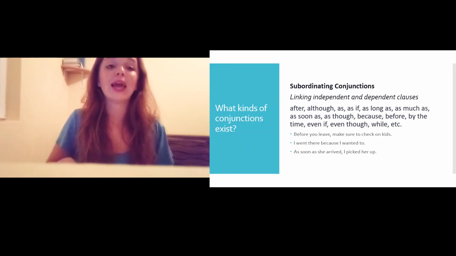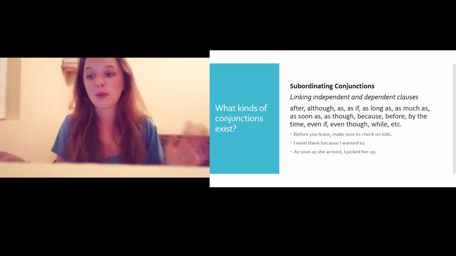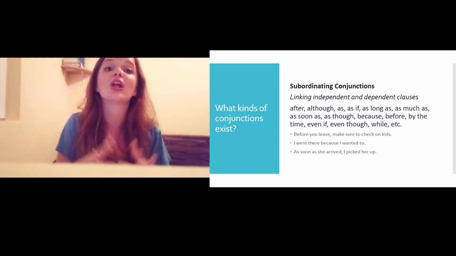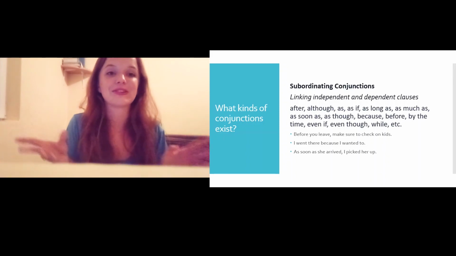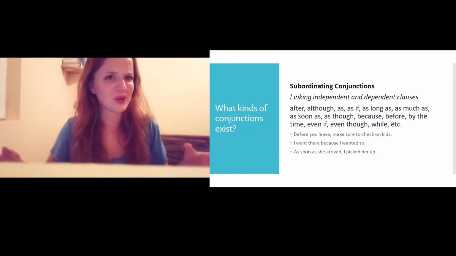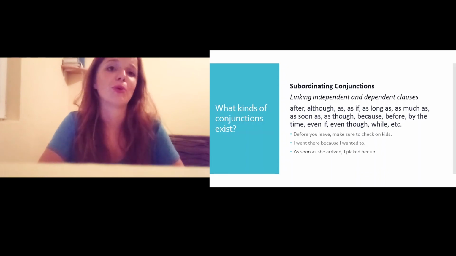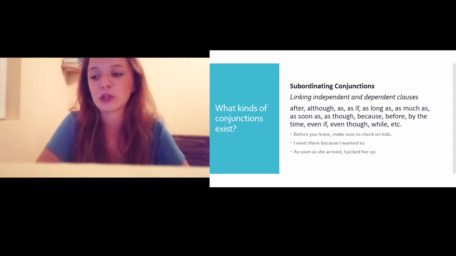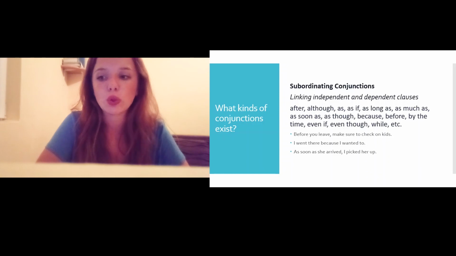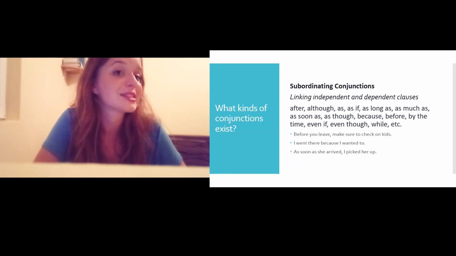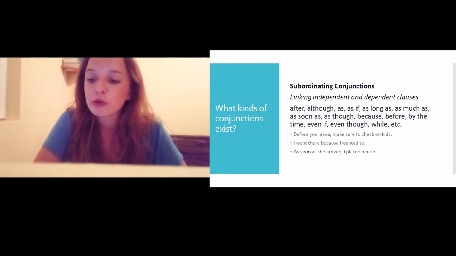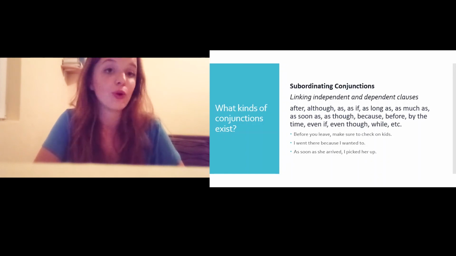In subordinating conjunctions, we have a lot of them, but I just listed a couple of first ones that you're probably familiar with: after, although, as if, as long as, as much as, as soon as, though, because, before, by the time, even if, even though, while, etc. So, before you leave, make sure to check on the kids.